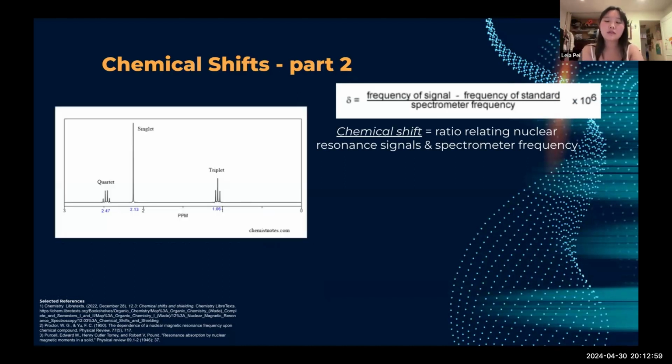And specifically, standard compounds are always used to measure the specific chemical shift value in relation to that standard compound. This is because it usually has a low frequency or a high shielding value, and they serve as a good benchmark against which all other signals will then be measured.